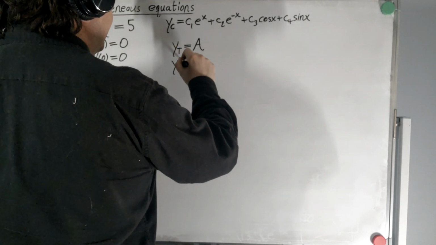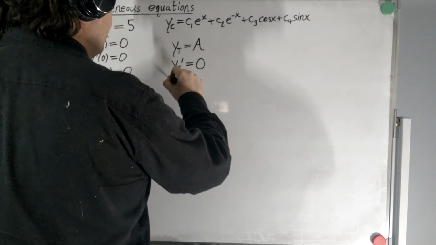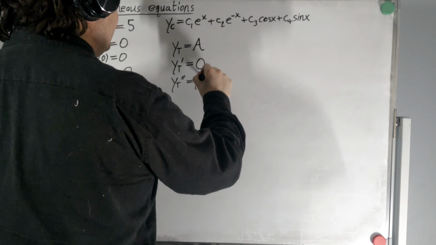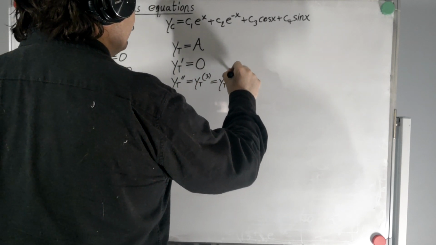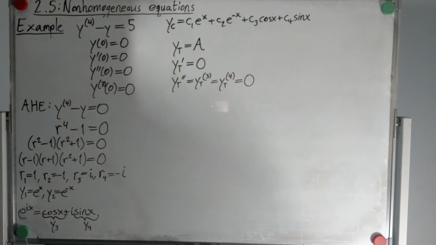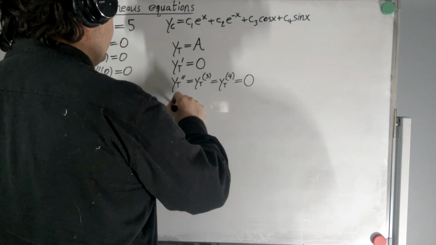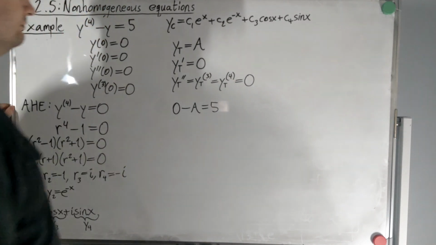Then we take a few derivatives of this thing. Yp prime is going to be 0. Yp prime prime, as well as yp third derivative, as well as yp fourth derivative are all going to be 0. So what we're looking at here is 0 minus a equals 5.